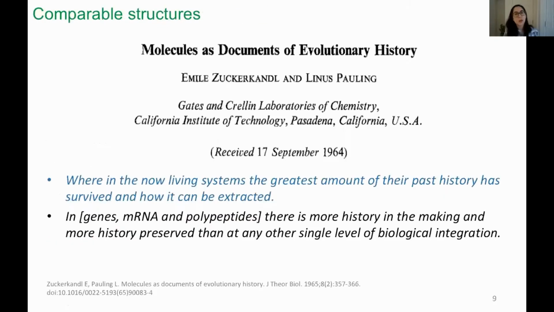So this is another classical paper that discusses why molecules can be our evolutionary units. And in here, Zuckerkandl and Pauling argue that in genes, mRNA and polypeptides, there is more history in the making and more history preserved than at any other single level of biological integration.